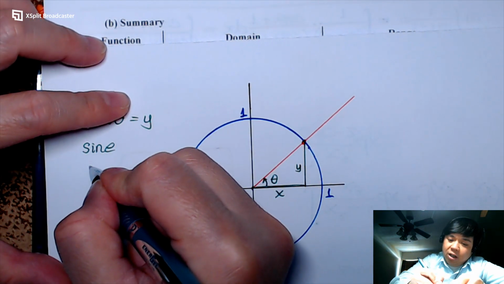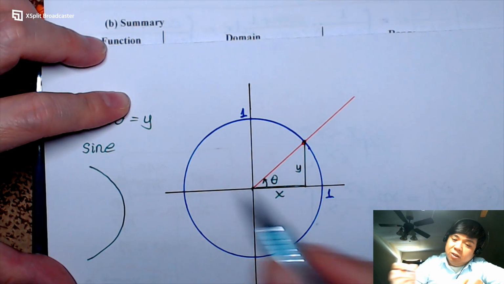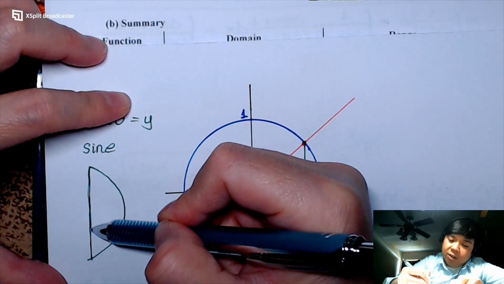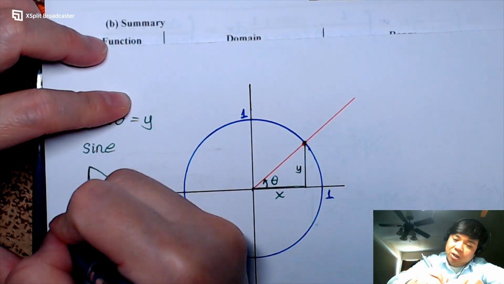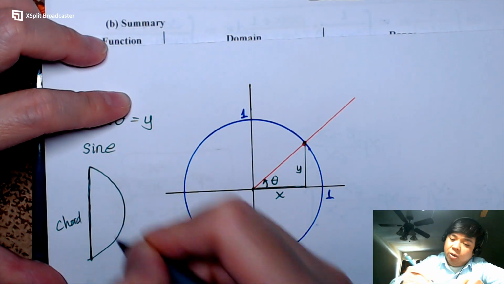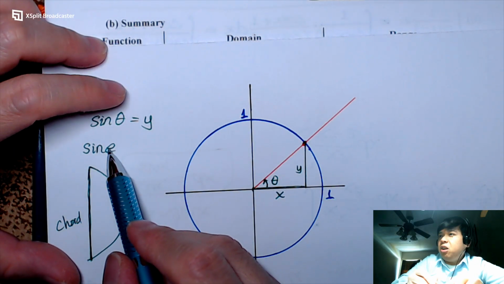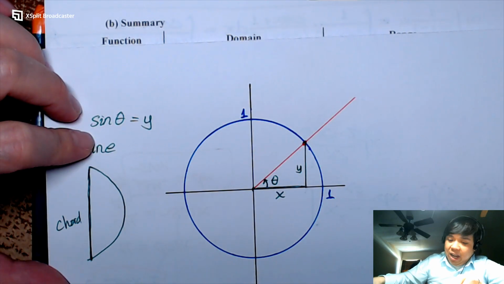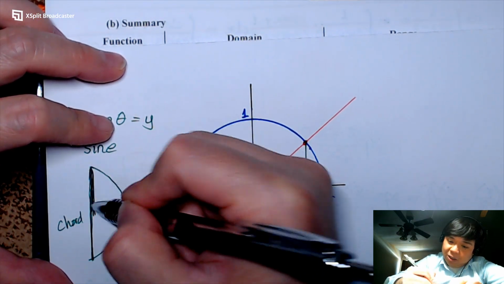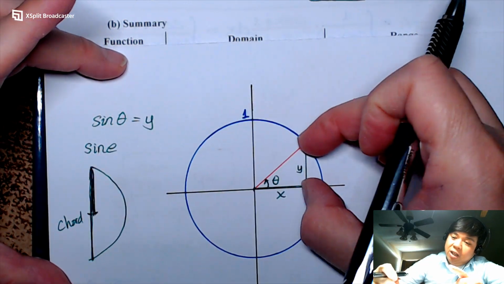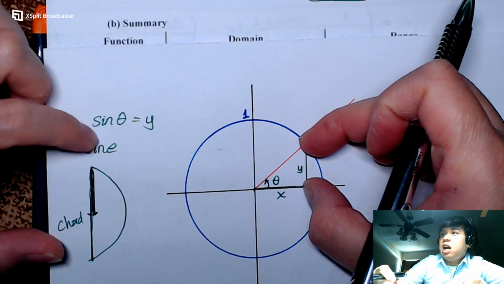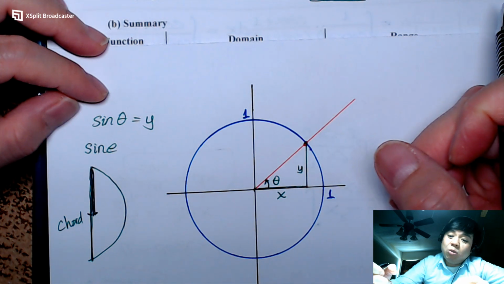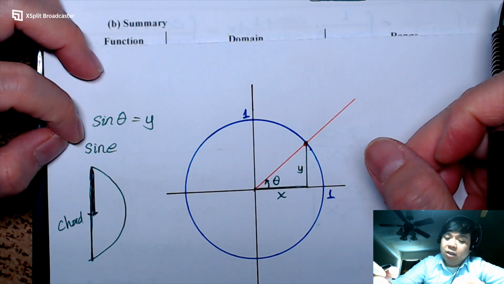Let's say we have a bow, and the string is called the chord of the bow. And sine, I think in Greek or some language, means half a chord. So if you cut that in half, that coincides with sine. Okay, so that's why the name sine comes from.